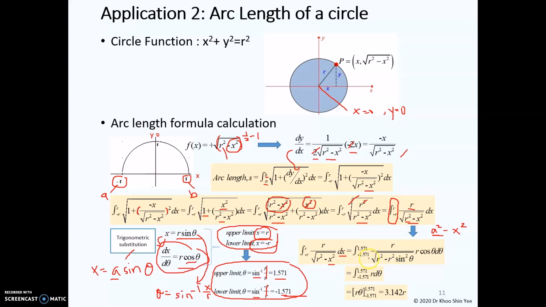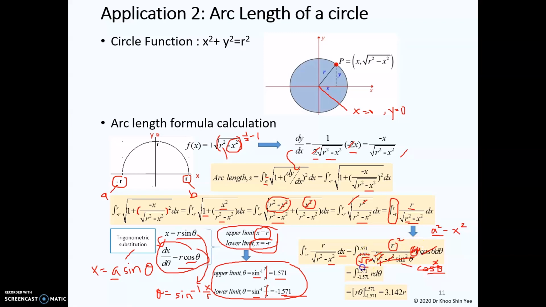this. So we can further simplify this by taking the r squared outside to obtain square root r squared, and this will become 1 minus sine squared angle, and we know that 1 minus sine squared angle gives you cos squared angle. Cos squared angle, if you take the square root, then you only obtain the cos angle, and cos angle can be cancelled with this, and this one you can multiply with r to obtain r squared.